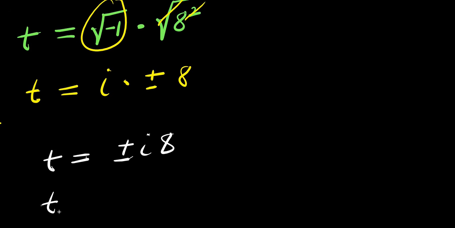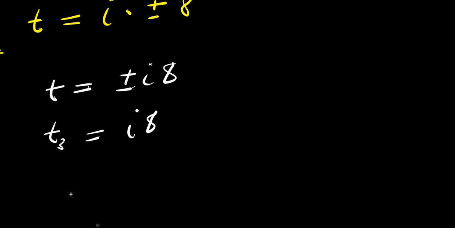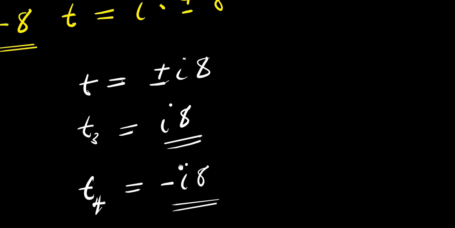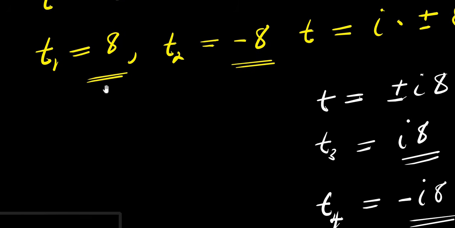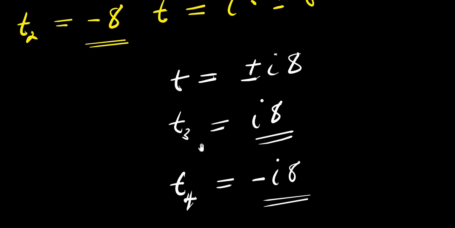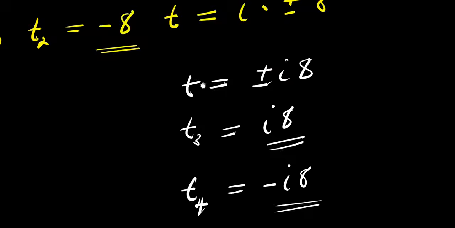So you have t3 equals positive i times a. And also, we have t4 equals negative i times a. So these are the four solutions that we have for t: t1, t2, t3, and t4.